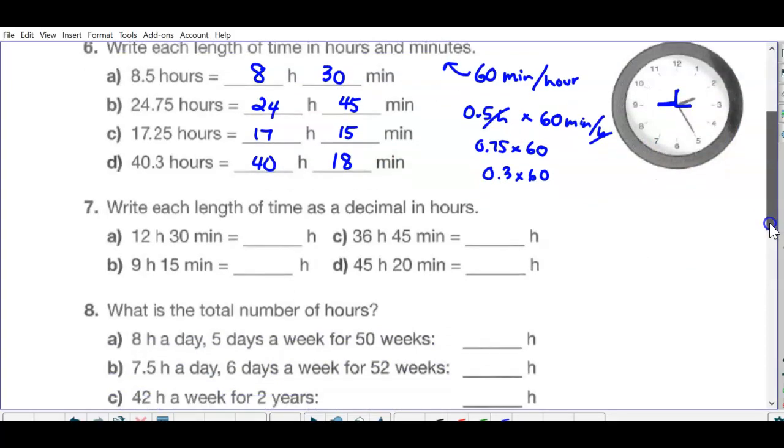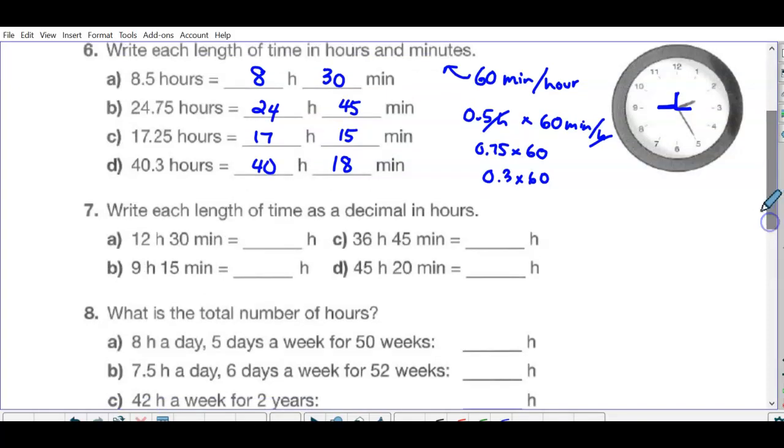Write each length of time as a decimal in hours. So these are all going to have whatever hours at the beginning. And then 30 minutes, so think about what 30 minutes out of 60 minutes is.